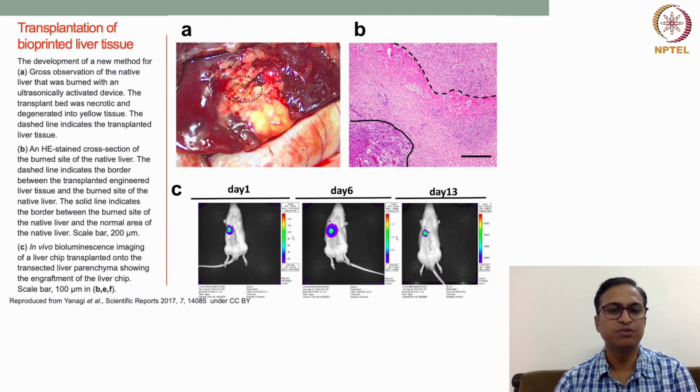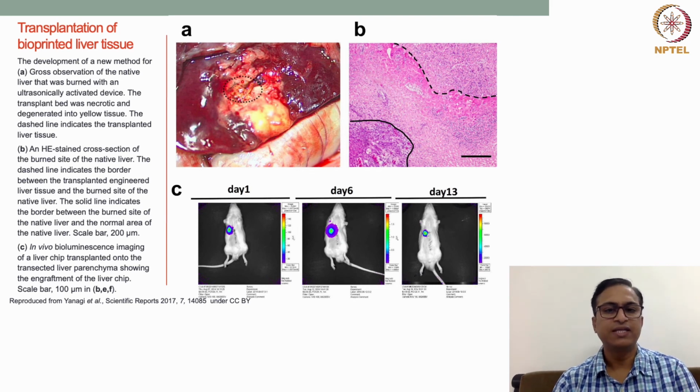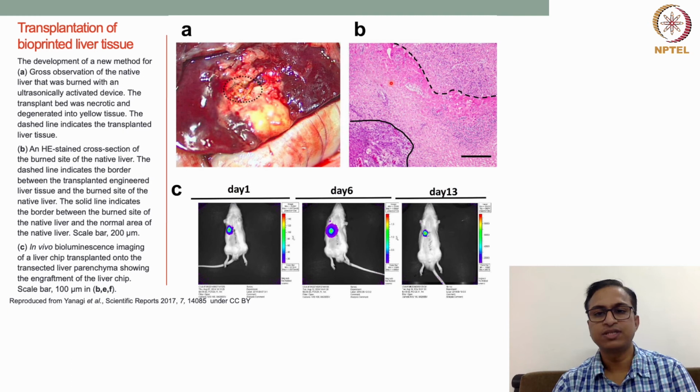They removed a part of that, and put the bioprinted liver structure they fabricated in that place, then cultured it and allowed it to grow for some time. And this is the histological section where you can see clearly this area. Here, this black dotted area is where the bioprinted tissue is implanted.